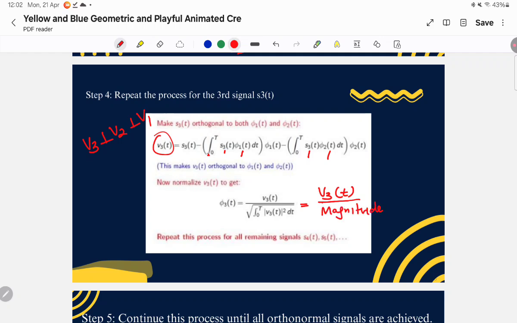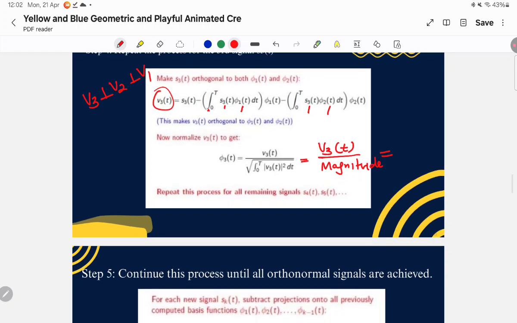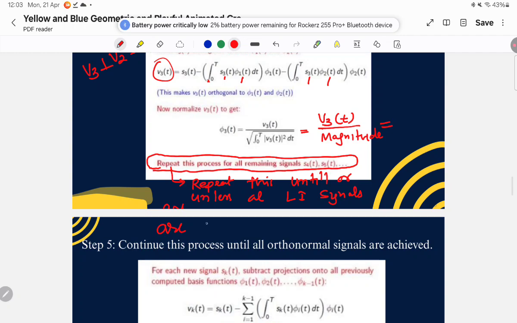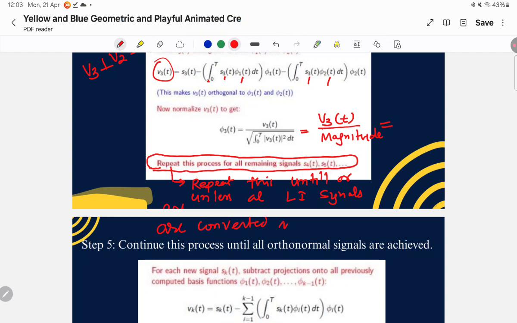When we do this, it becomes an orthonormal basis function, and we will repeat this process until all the linearly independent signals are converted into orthonormal basis functions.